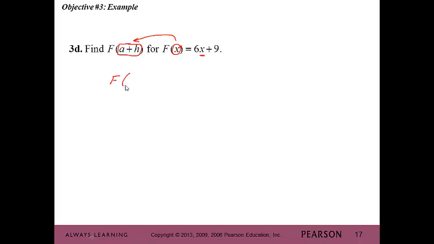So f of a plus h is going to be equal to 6 times a plus h, make sure you're using parentheses, plus 9, and then you can simplify this to be 6a plus 6h plus 9. You cannot combine these because they are not like terms.